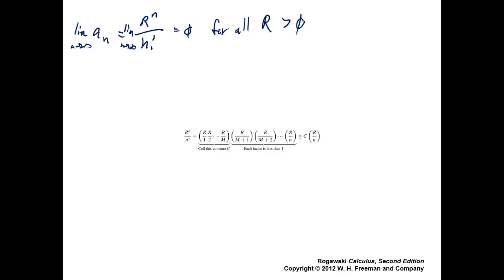So here's what they're going to do. They first need to pick the M for some n greater than M. Well, what M will you use? Let M be some number such that M is less than or equal to r, and r is less than or equal to M plus 1.